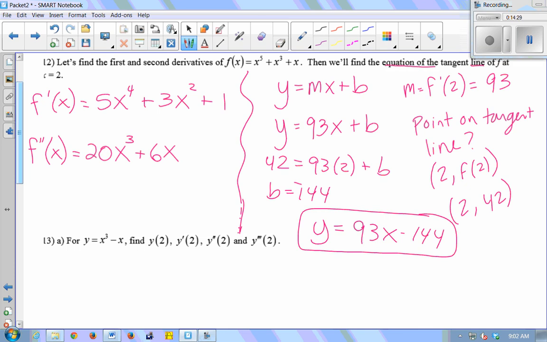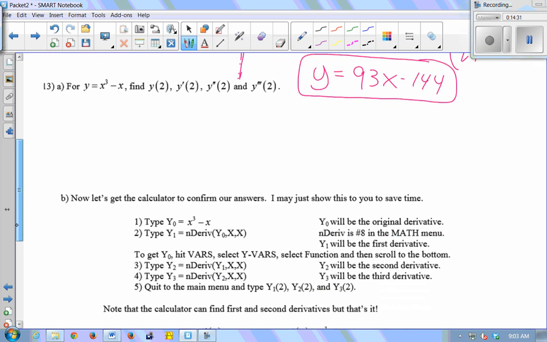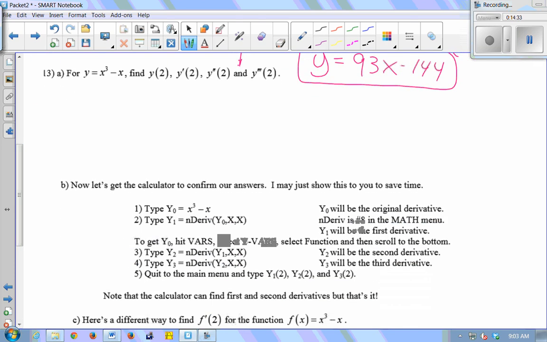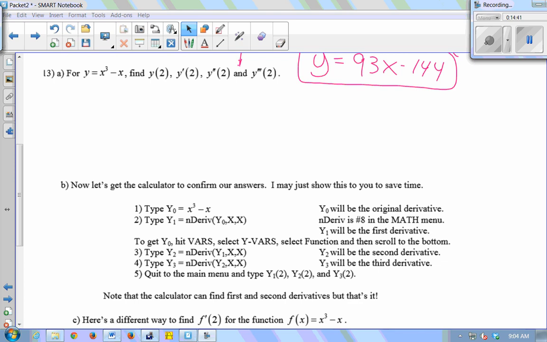Okay, so for 13, take a minute to find y of 2, y prime of 2, y double prime of 2, and y triple prime of 2. All right, so to evaluate y prime and y double prime and y triple prime at 2, I need formulas for them.